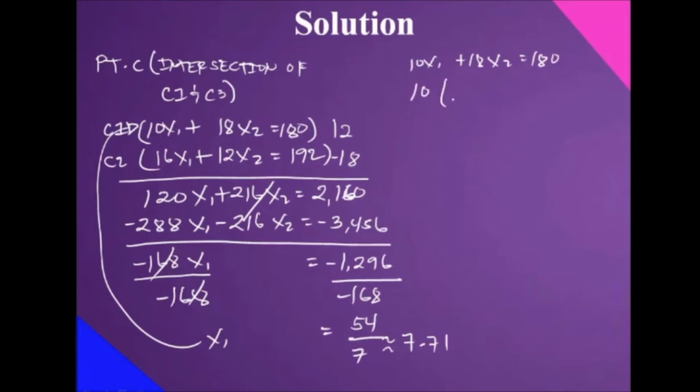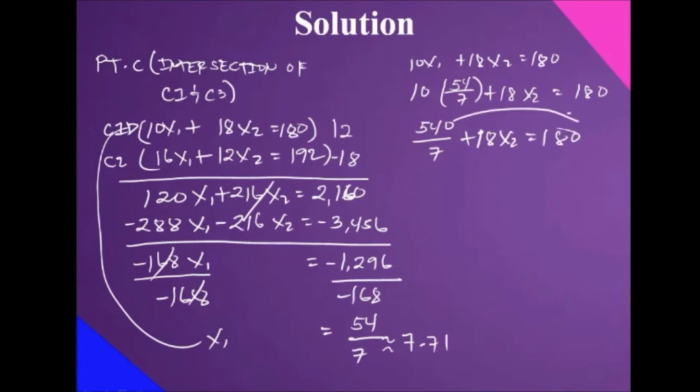So, we have 10 multiplied to 54 over 7 plus 18x sub 2 equals 180. Now, itong 10 multiplied sa 54 over 7 will give us a 540 over 7 na improper fraction plus 18x sub 2 equals 180. Lipat ito sa kabila.